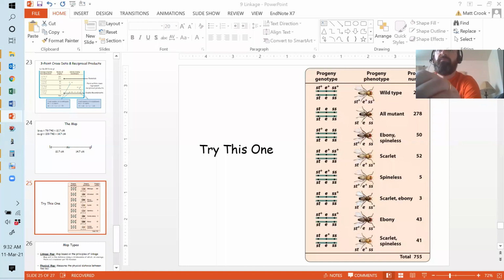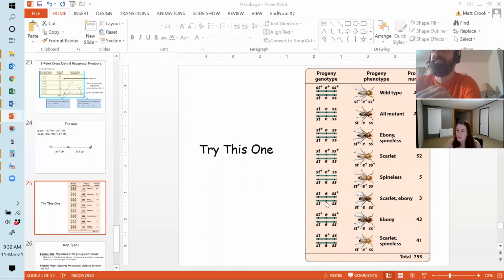ST, SS, E. Okay, so which allele is moving? Which of those is moving in that double crossover? So if spineless and scarlet ebony are the double recombinants, oh bloody hell, I didn't even finish saying that. All right, yes. Excellent.